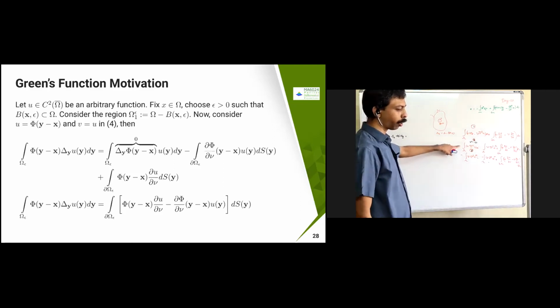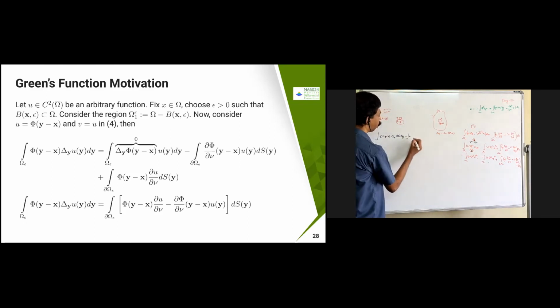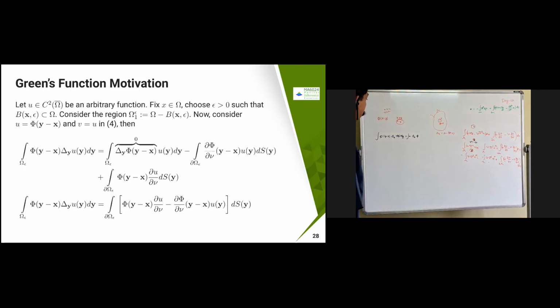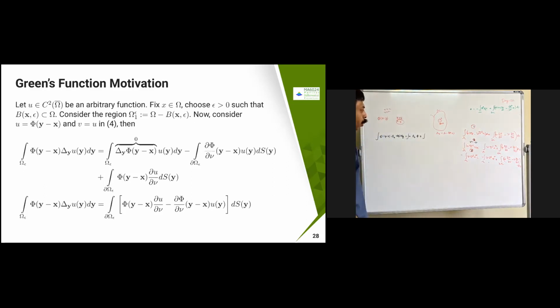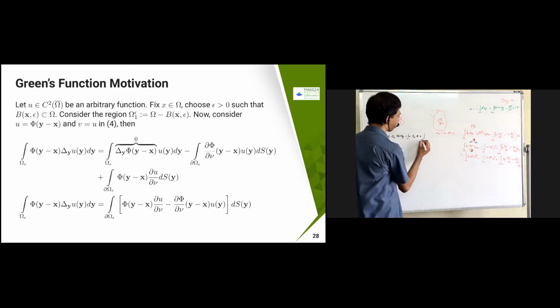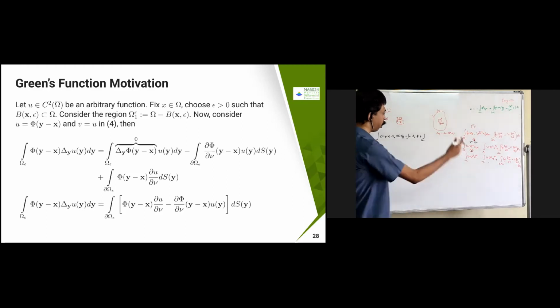If you use this identity, what you are going to get is u y integral over omega epsilon del y into pi, and then plus the boundary terms over dou omega epsilon. We are just going to get the same kind of thing.